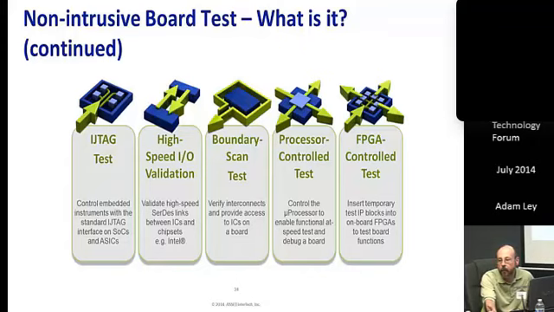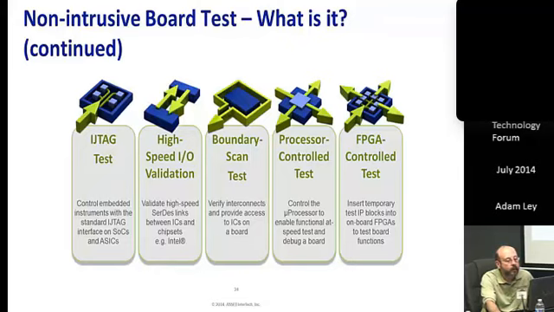FPGA control test is a way that you can take the FPGAs that you have on board, and instead of loading them with their mission circuits, you can load them with circuits that are specifically intended for a test purpose. Since the FPGAs are reconfigurable, you can do that on a temporary basis, load up the test circuits, run the test, and then load in the mission circuit to move on to system test.